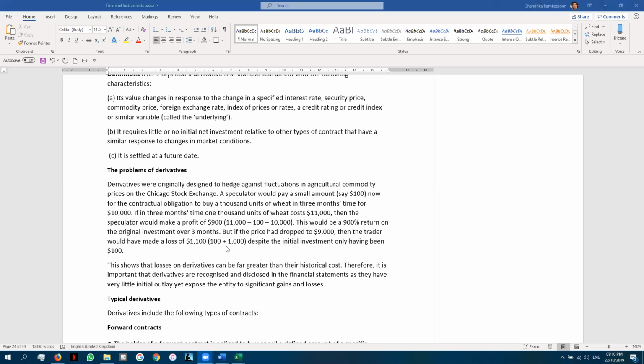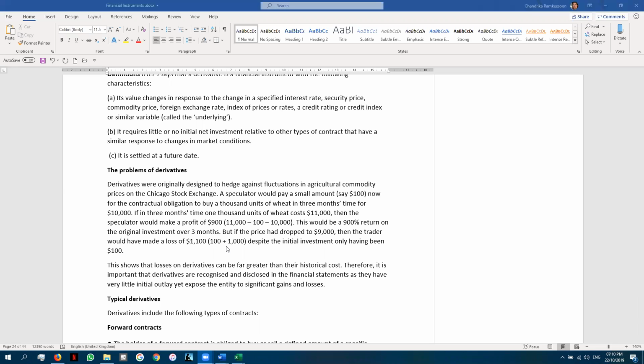Or as I said earlier, someone like you or I, who have no intention of buying the agricultural commodity, simply wish to make some money, in which case we can speculate using derivatives, and we don't need to actually invest in the underlying instrument at all.